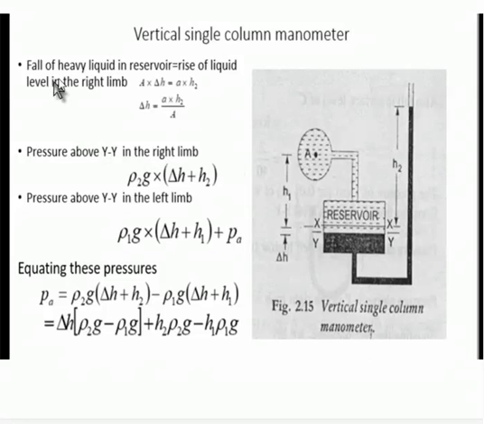Fall of heavy liquid in the reservoir is equal to the rise of liquid in the right limb.